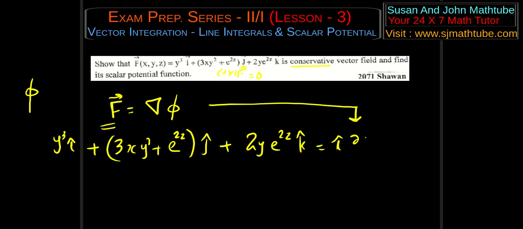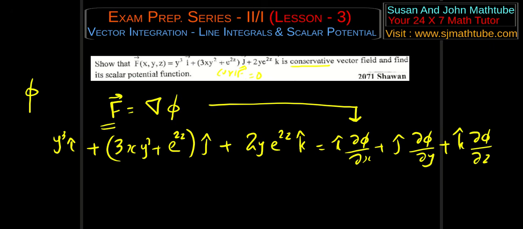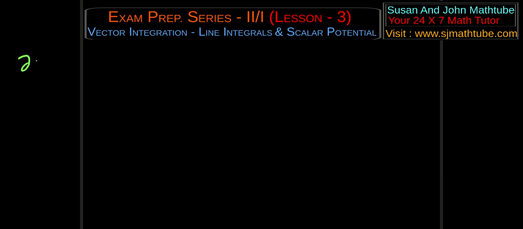Yeah, i del phi by del x plus j partial with respect to y plus k partial with respect to z. And that clearly implies you can access all the partial derivatives. And since you can access all the partial derivatives, you'll be able to find phi.